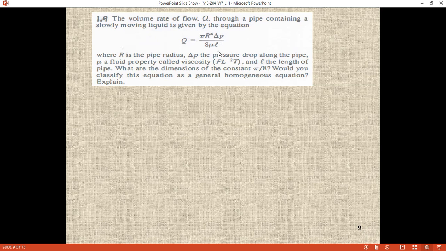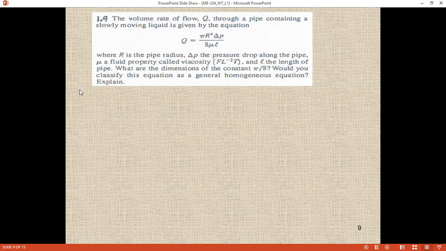So this equation is given, where R is the pipe radius, delta P is the pressure drop along the pipe, mu is the fluid property called viscosity, and the dimensional unit is given, and L is the length of the pipe. So what are the dimensions of the constant pi by 8?